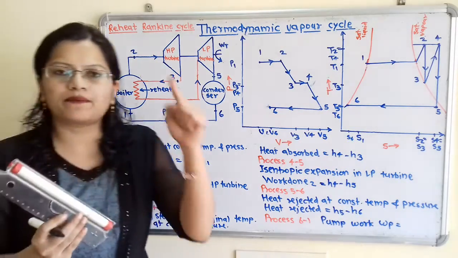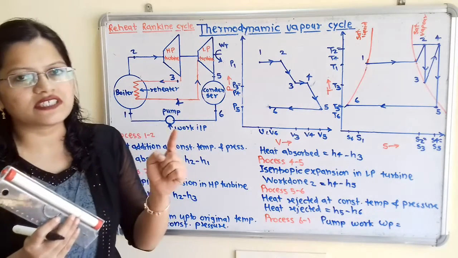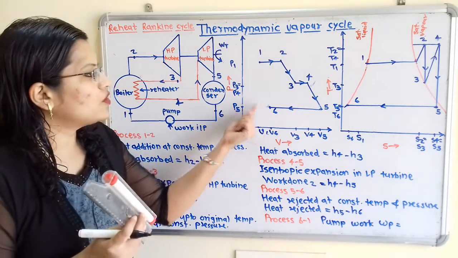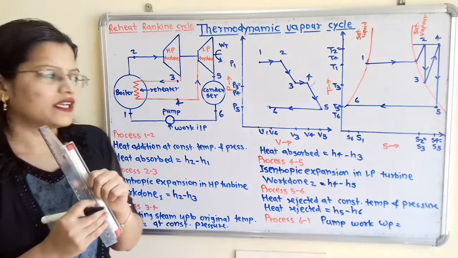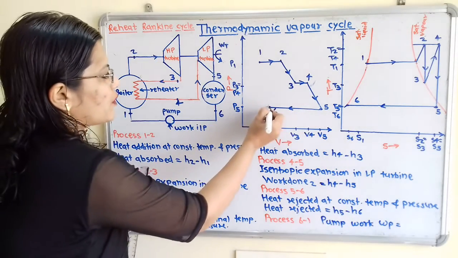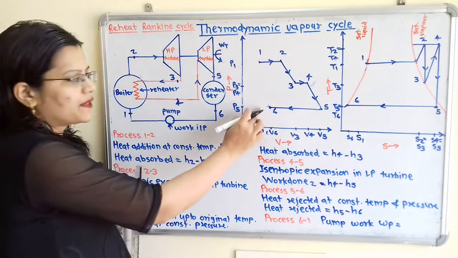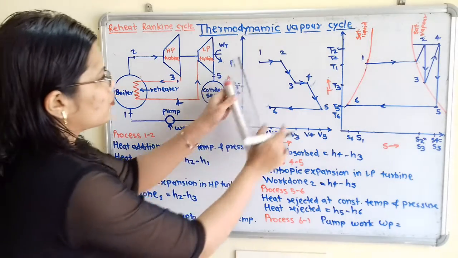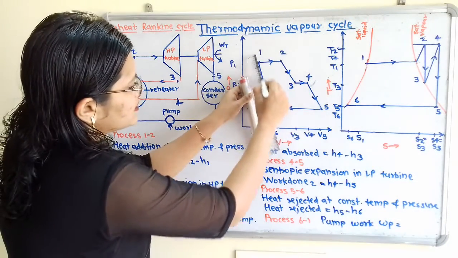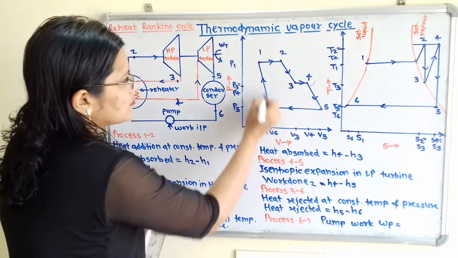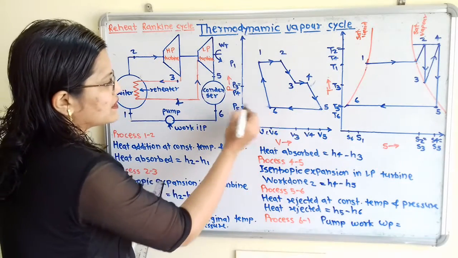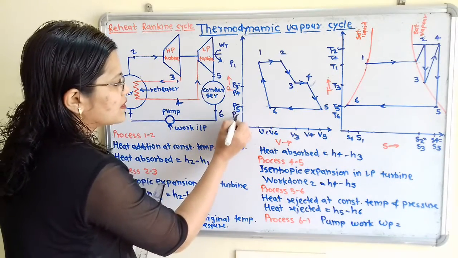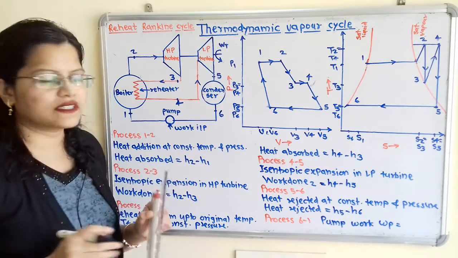That means temperature is getting increased, pressure is getting increased, and the volume is getting decreased. So we have to show, from point 6 to 1, pressure is increased, volume is decreased. So we will just join these 2 points. That is, P5 is equal to P6 here. So P1 is greater than P6.